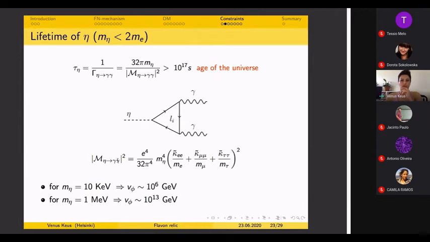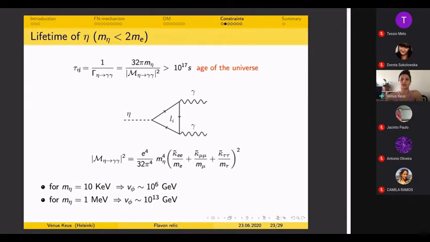So one has to calculate the amplitude of this process, which you see will depend on the mass of eta and these Yukawa tilde couplings, which, remember, were inversely proportional to the vev of the flavon. So this is the dominant process through which dark matter decays.